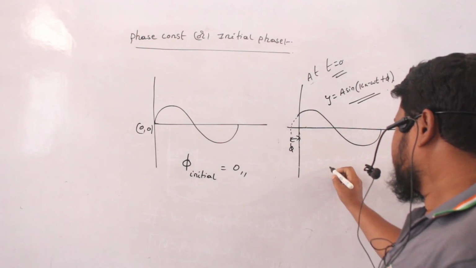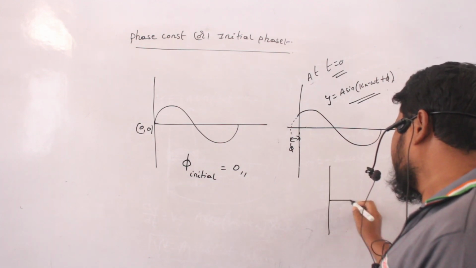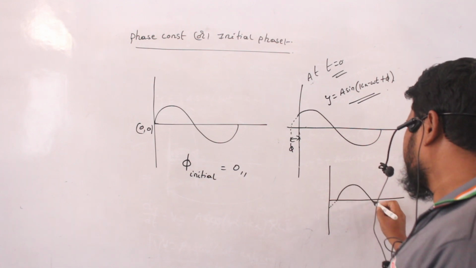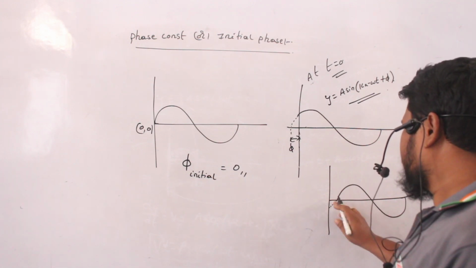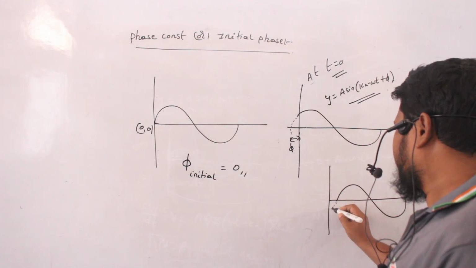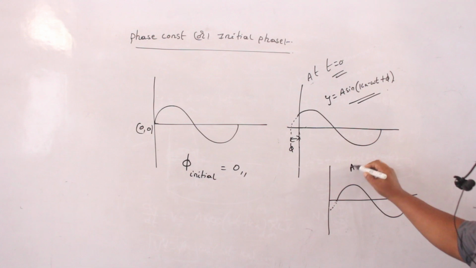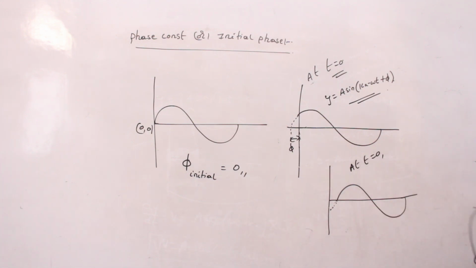Clear now? That's it. So if I take one more wave and draw the graph like this, what do you understand by looking at this graph? Here also at time t equal to 0, I see that the particle is not present at the mean position.